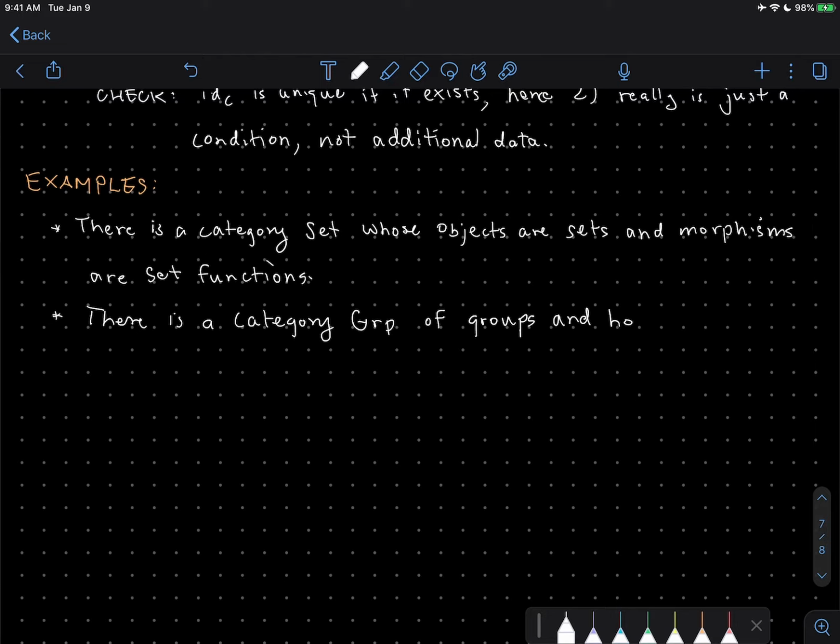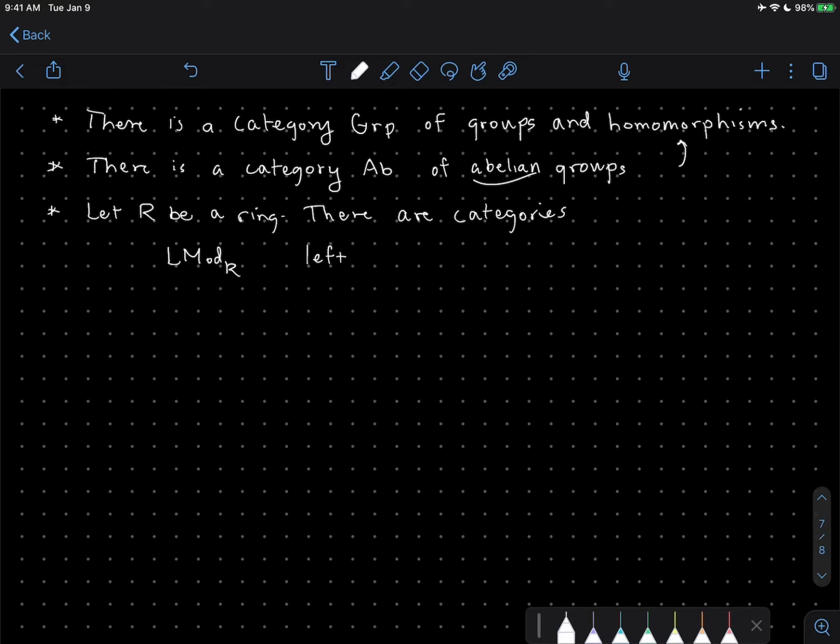There are categories L mod R of left R modules, left R modules plus R linear maps, and here we write hom sub R from M to N as shorthand.